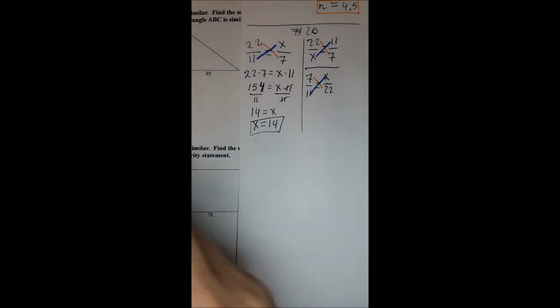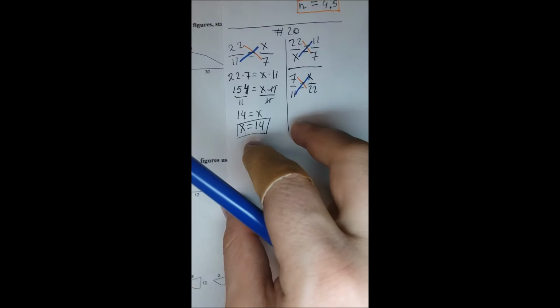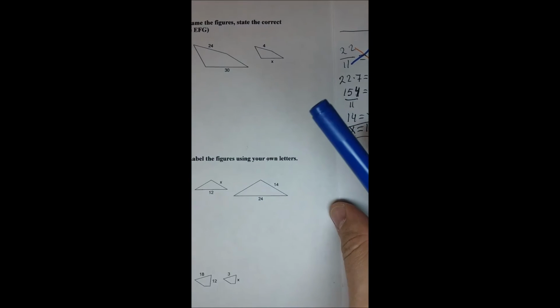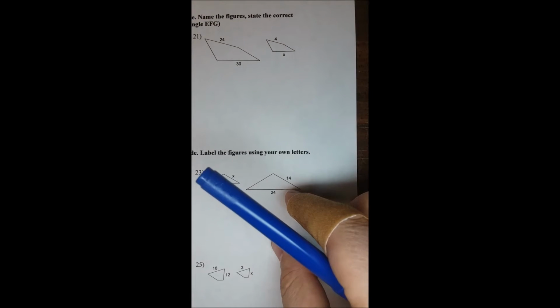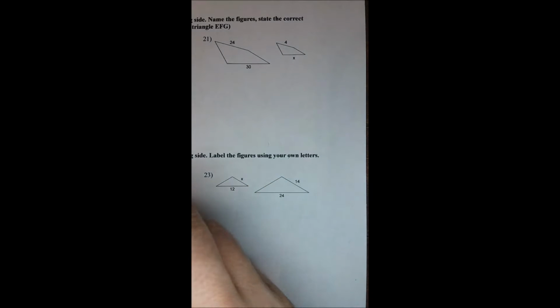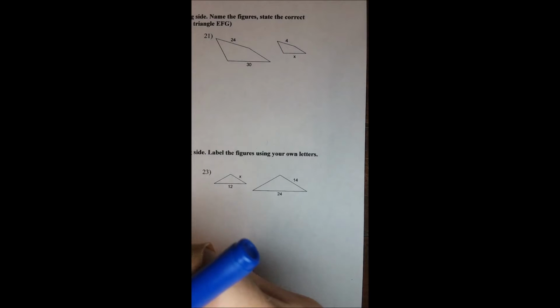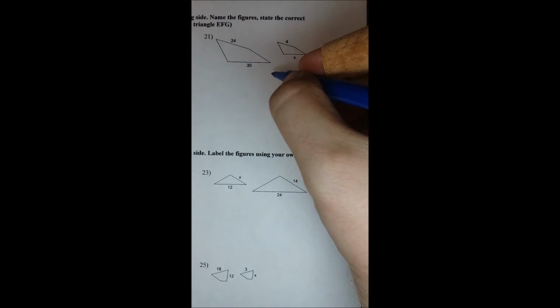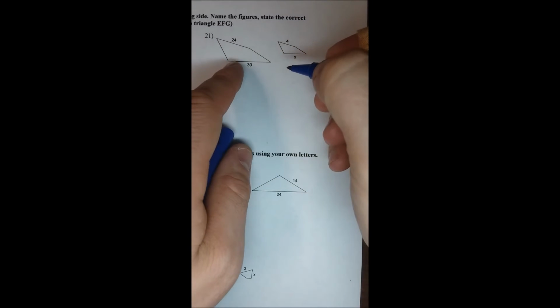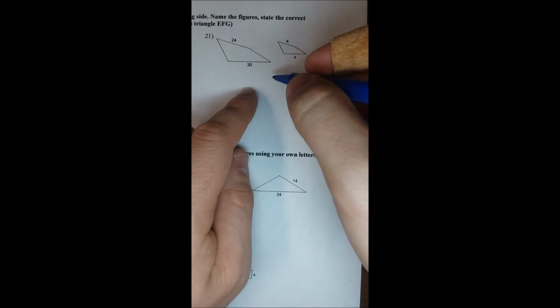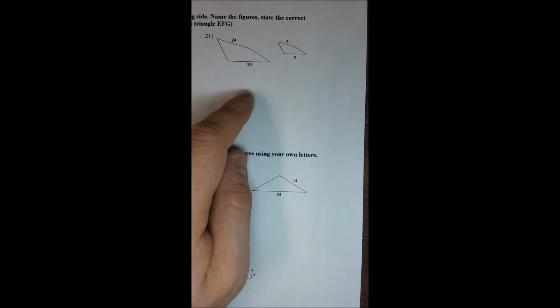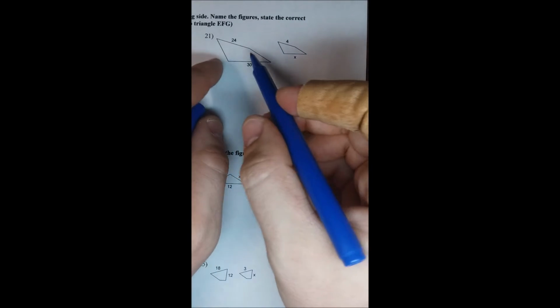The answer is 14. And question 21. If you look at question 21, it's going to be the same thing, but this one I want to do a little differently. I want to do it through the coefficient. To find the coefficient, like I did before, by the way, you can do it as a proportion as well, which is easy, but I want to do it through a coefficient.